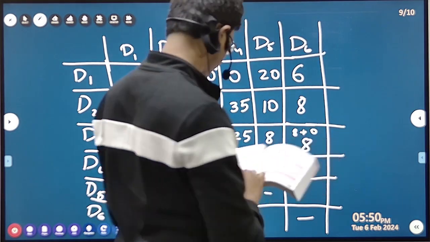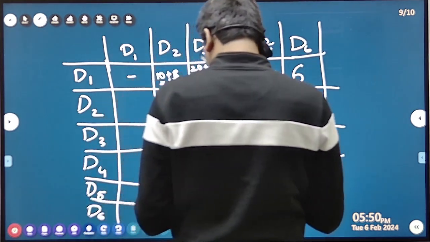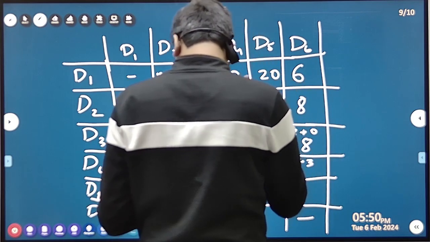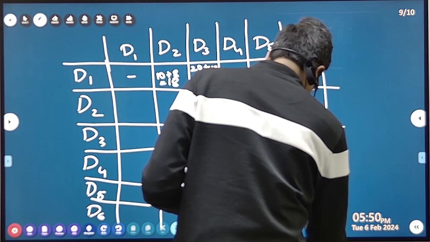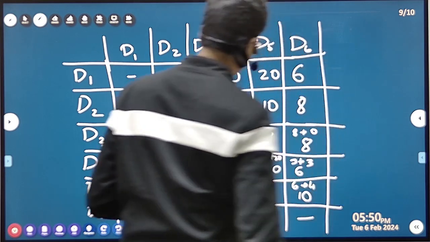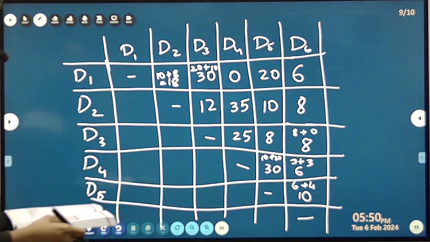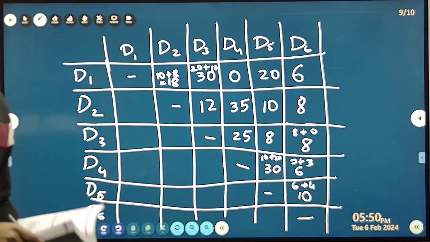He has given 7. It is 6. Similarly, D6 and D5, it is 6 plus 4. That is 10. Okay. So this is our frequency matrix.